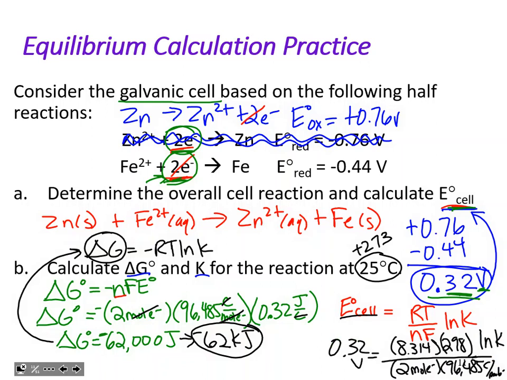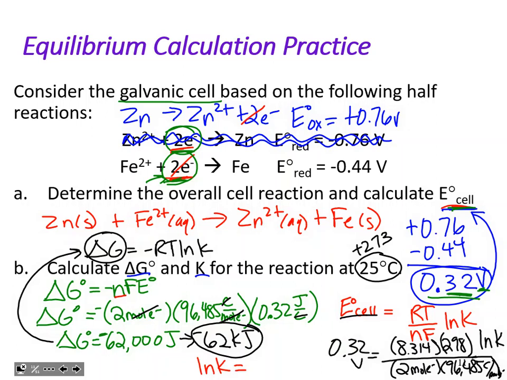Now you can move everything back over so that you get ln K. So here I'm going to go ahead and calculate all that. ln K is going to be equal to 0.32 times 2 times 96,485 divided by 8.314 divided by 298.